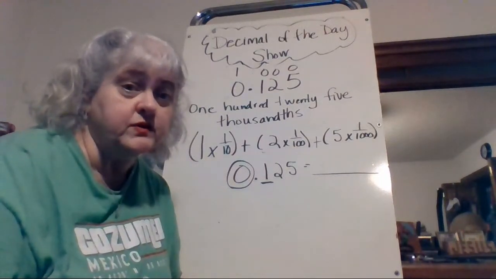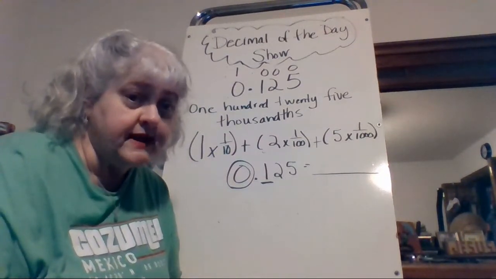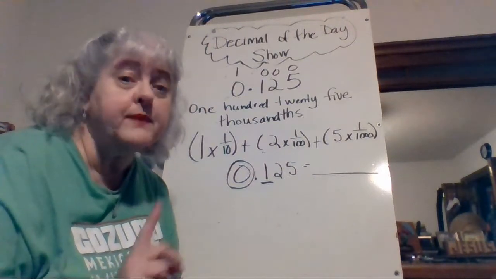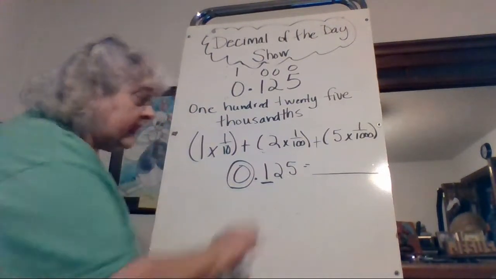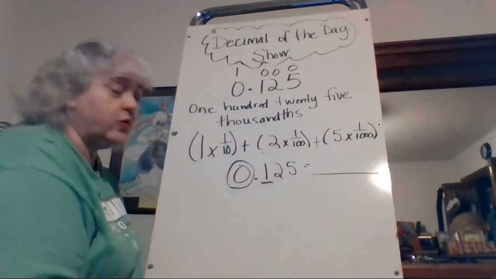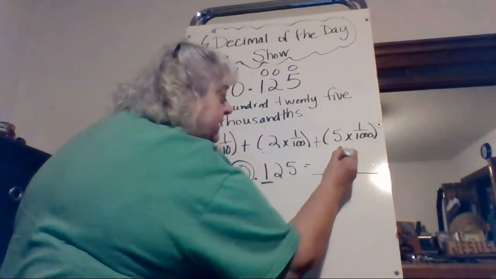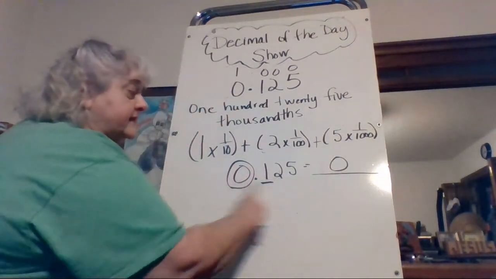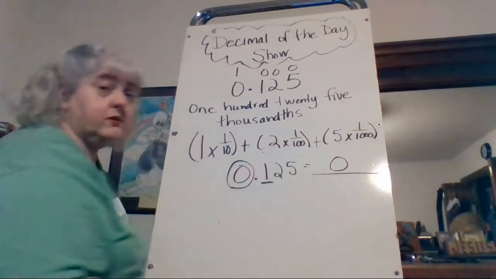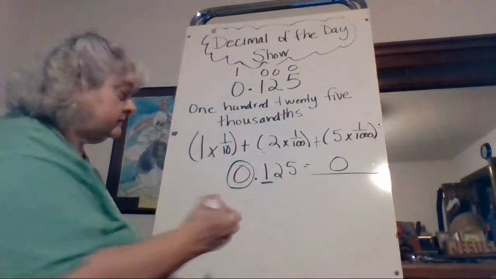It's only going to stay the same or bump up one number. The neighbor in the back is 4 or less, so we're going to let it rest, and it would round to 0. What that means is that this decimal number is closer to 0 than it is to 1.